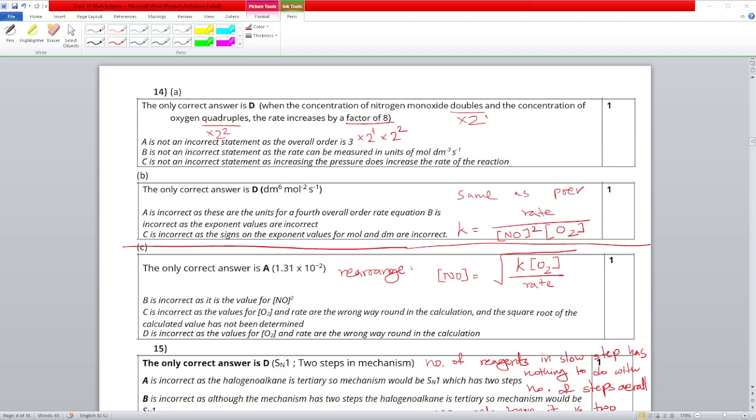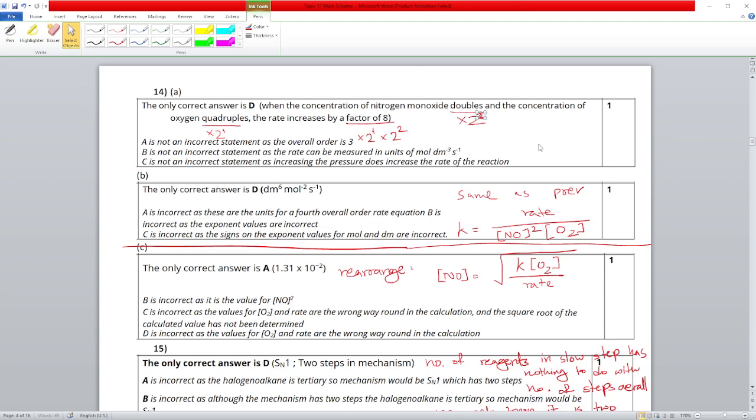Okay, wait. I made a mistake here. Let me see if I can fix it real quick. This one should be 2 to the power of 1. And that one should be 2 to the power of... Okay, yeah. So the nitrogen monoxide has a power of 2 because it's second order.